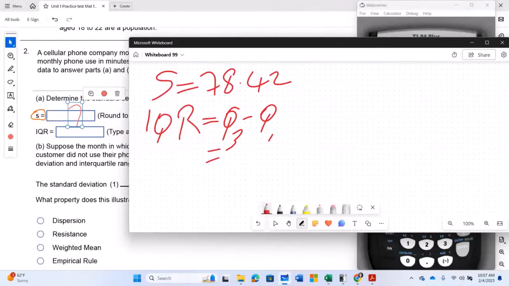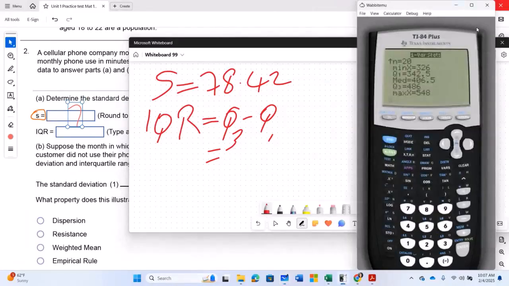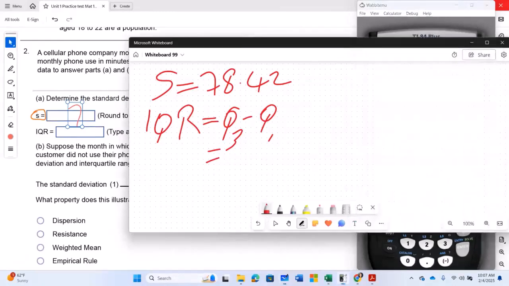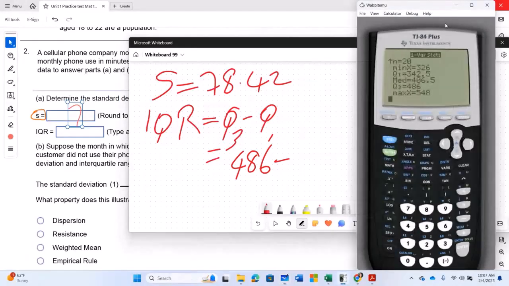And that is the same as, I'm going to go back to my calculator. So Q3 is 486. And what is Q1? Q1 is 342.5.